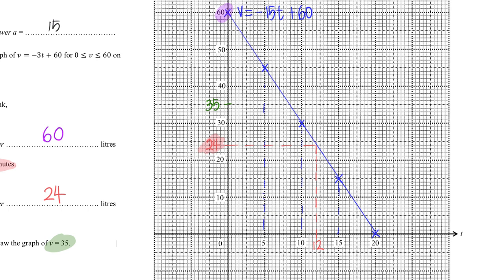So I pull out my ruler and draw a horizontal line.